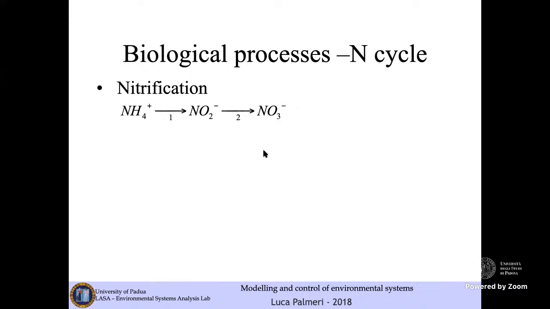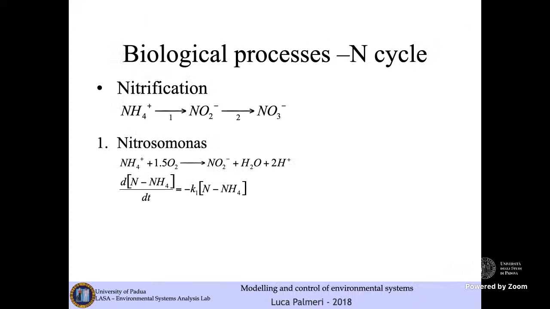You may write this process by saying that NH4+ is converted into NO2-, which is nitrite, that is subsequently converted to NO3-. The first part of the process is carried out by Nitrosomonas.